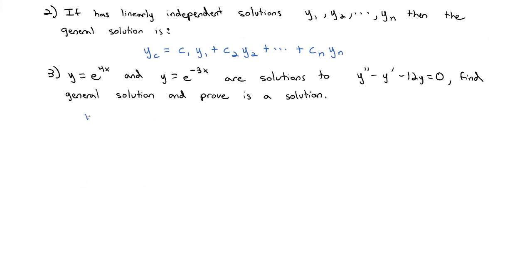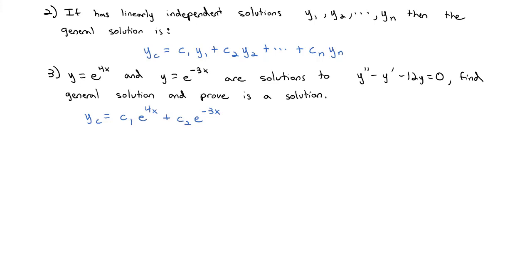Well, to do that, we're going to say y complement is going to be equal to our first constant times the first solution, which was e to the 4x, plus a second constant times our second solution, which was e to the negative 3x. This is our complementary solution in general form to the differential equation.